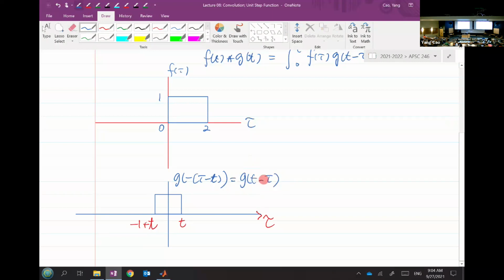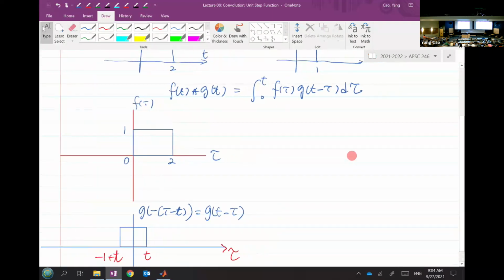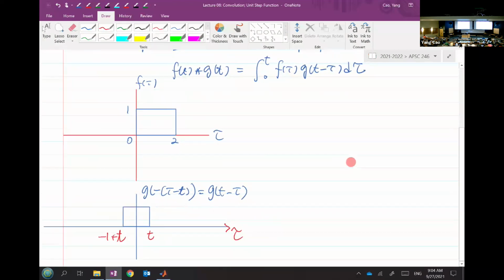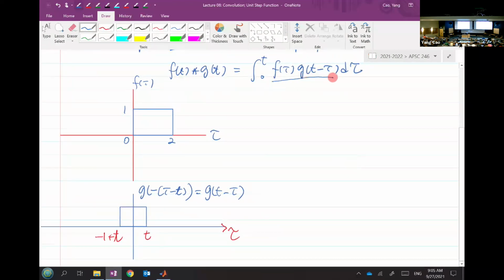Don't forget that you go back to your convolution. Your convolution is about multiplication of the two graphs. You multiply the two graphs together and then you do the rest of the integral. The integral will only be meaningful if the multiplication of the two graphs is non-zero. So that's your key point.